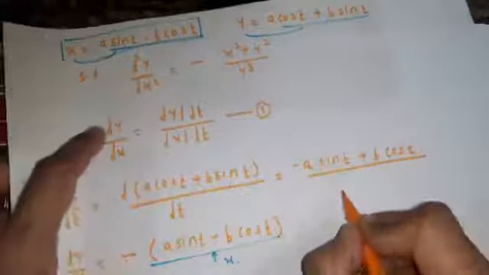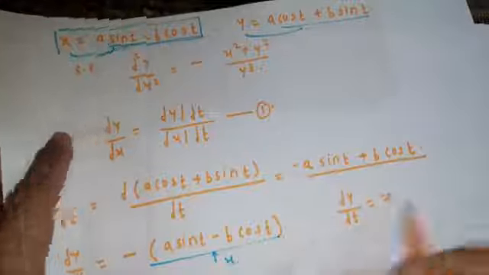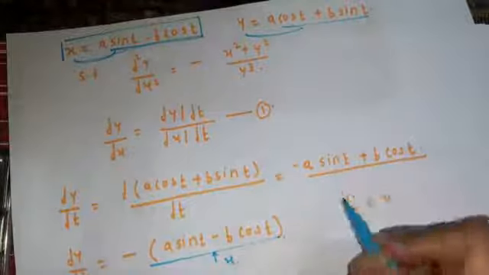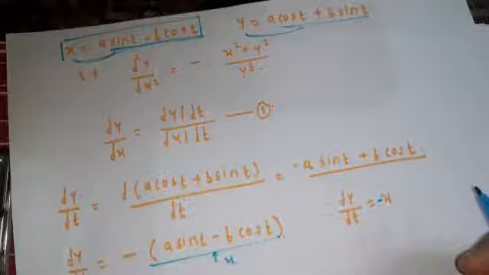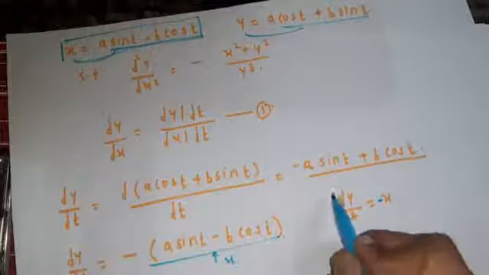And therefore dy by dt equal to minus x. Okay, this is 2.